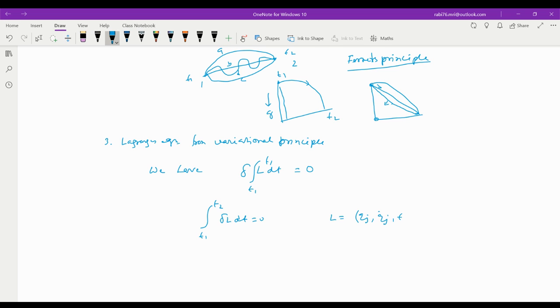And you also know, for this conservative system, we ignore this t, and L equals T minus V. But T is a function of qj dot and V is a function of qj.